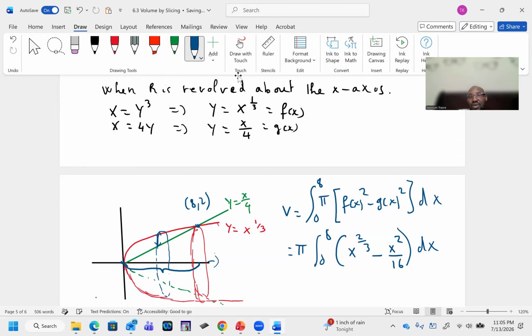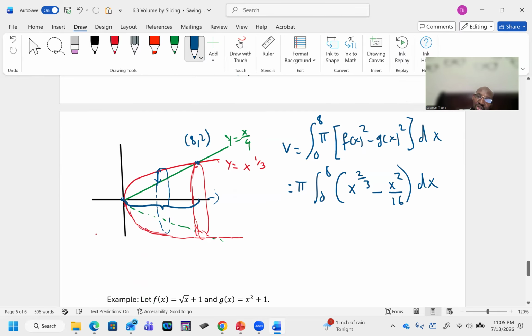So I believe you all know how to integrate this one. You should not spend too much time once you formulate. So this one will be pi times, x to the power of 2/3 will give me 3 divided by 5 x to the power of 5 over 3, minus x cubed, 3 times 16 is 48, from 0 to 8.